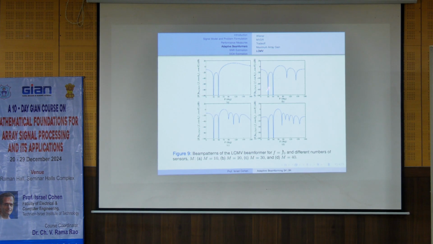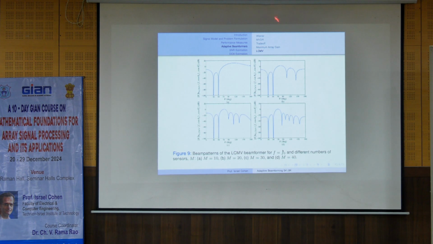Okay, so you see for 10 sensors, 20 sensors, 30 sensors, 40 sensors, in all cases, remember with the Wiener, the more sensors that we used, we had deeper nulls in the directions of the interferences, 30 degrees and 50 degrees.